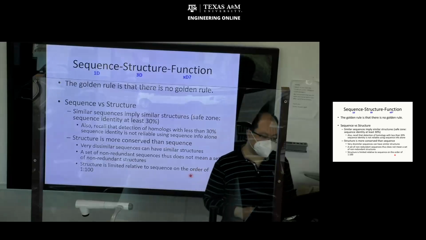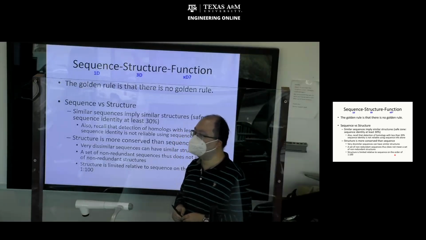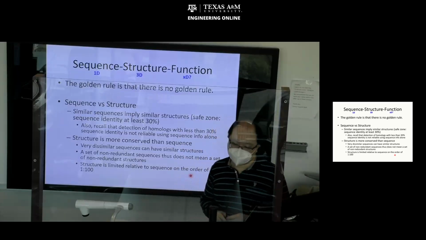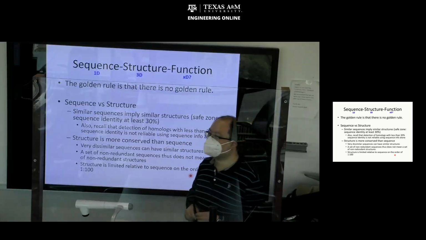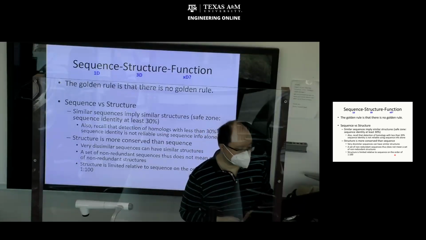So now the question is, how do we do that? Again, why is this a computational problem? You told me that sequence is 1D, structure is 3D, I understand. But how do you even describe a function? I don't even know what the dimension is, right?